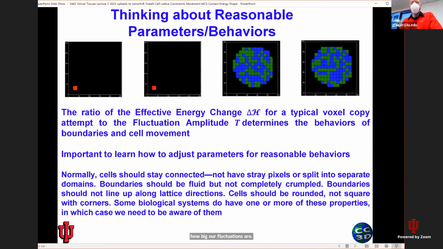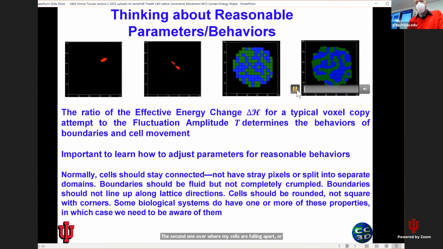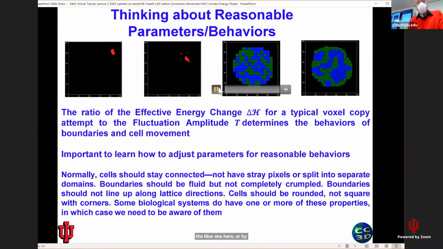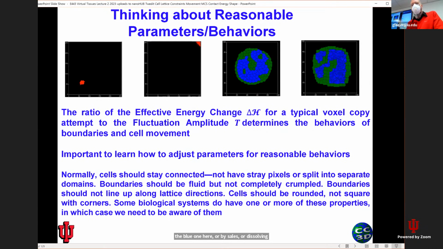If delta H is small compared to T, then my fluctuations dominate, and I'm like that left hand, the second one over, where my cells are falling apart, or the blue one here, where my cells are dissolving. If T is too small compared to delta H, then I get rigid and things freeze.